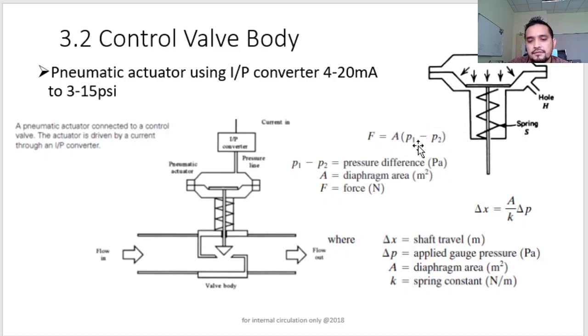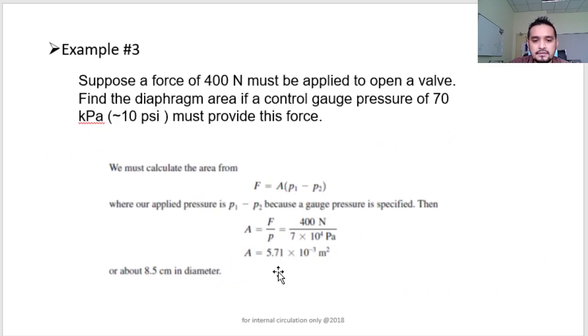Plug in the values and it will give you, in terms of A, the area, which is 5.71 meter squared.